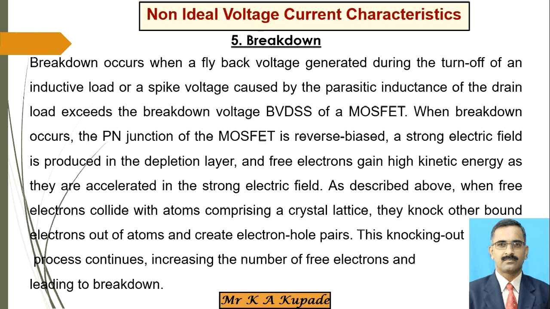They collide with the atoms comprising the crystal lattice, knock other bound electrons out of the atoms, and create electron-hole pairs. This knocking out process continues, increasing the number of free electrons, leading to the breakdown.